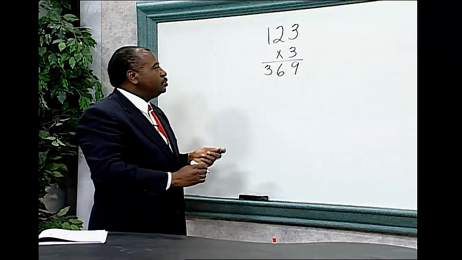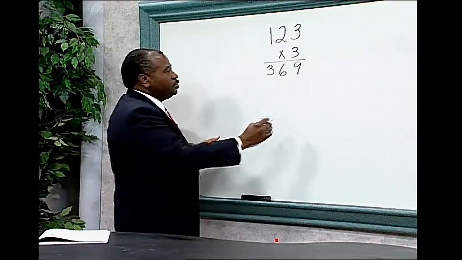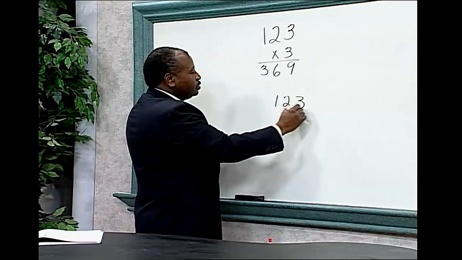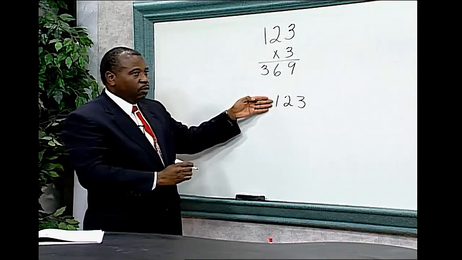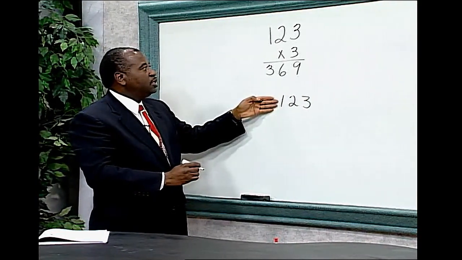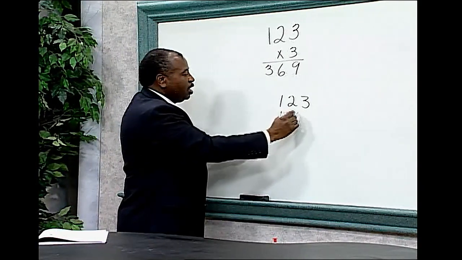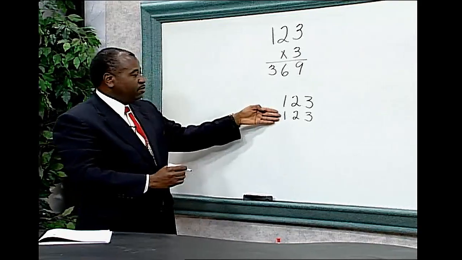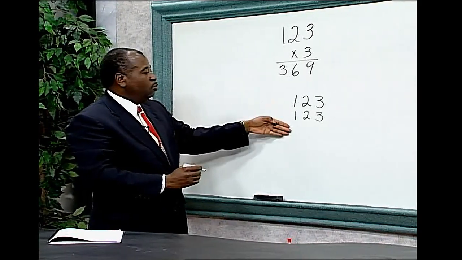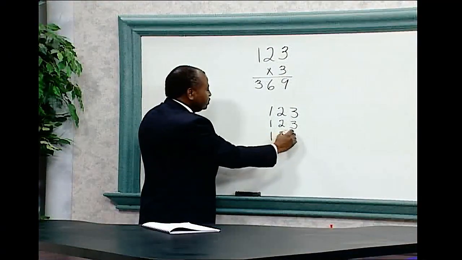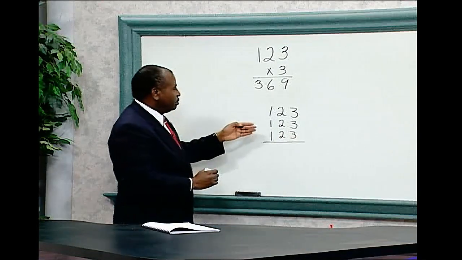We can also do this problem another way. It took 123 tiles to cover 1 floor. The worker wants to cover 3 floors. So it would take an additional 123 tiles to cover the 2nd floor, and an additional 123 tiles to cover the 3rd floor.